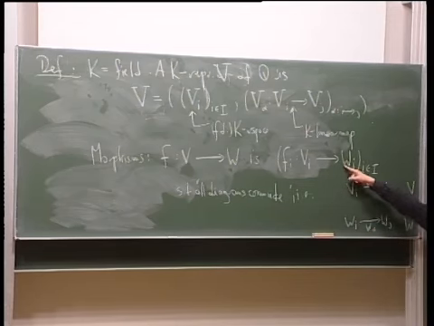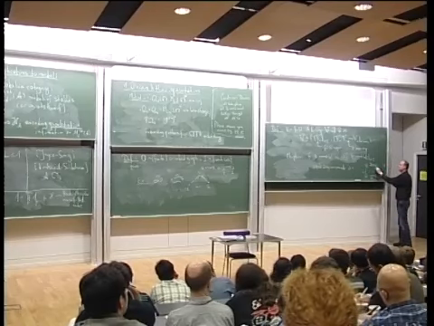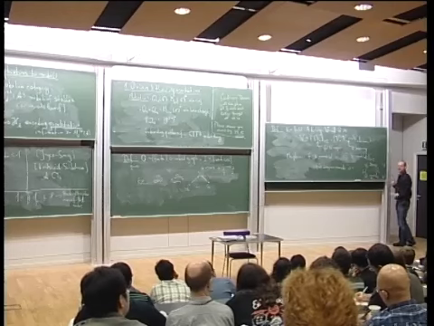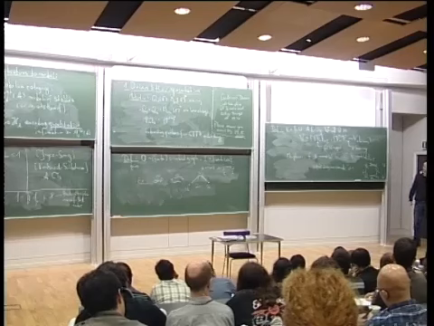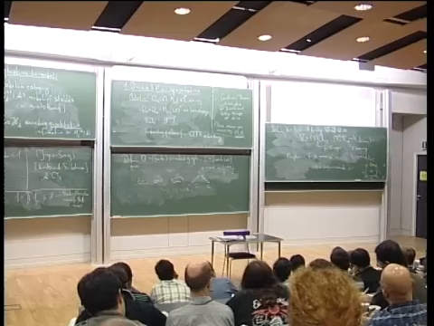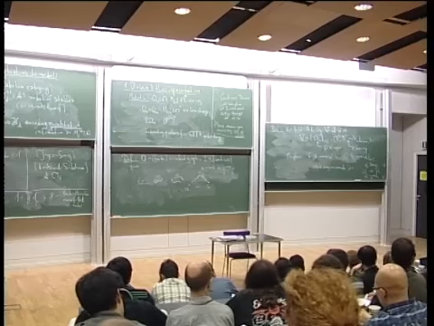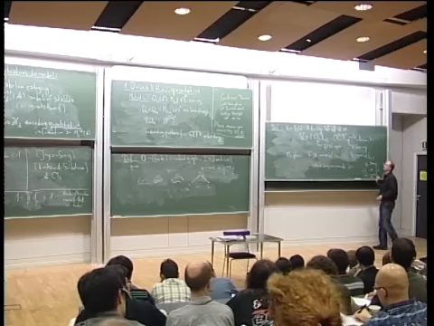The datum of a morphism means that I have a linear map Fi here and a linear map Fj here. Now I have a square diagram, and I want it to commute. That's the notion of morphism between representations of a quiver.